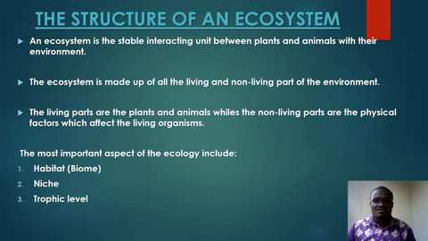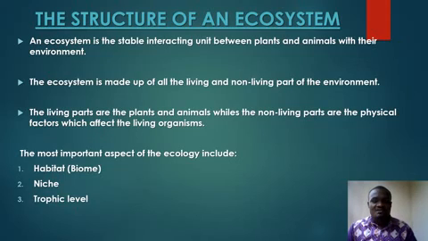We've seen an ecosystem being a stable interaction unit between plants and animals in their environment. Ecosystem is made up of both living things and non-living things, as we have already talked about. The living parts being plants and animals, while the non-living parts are the physical factors which affect the living organisms.